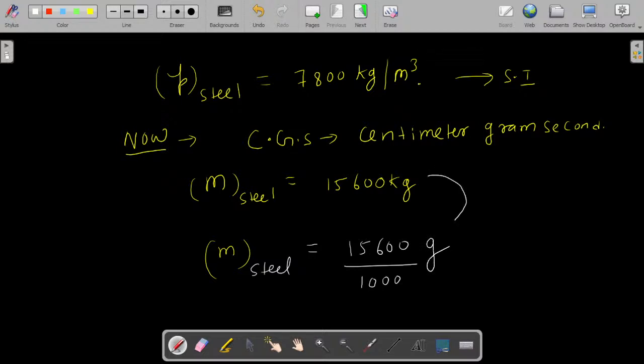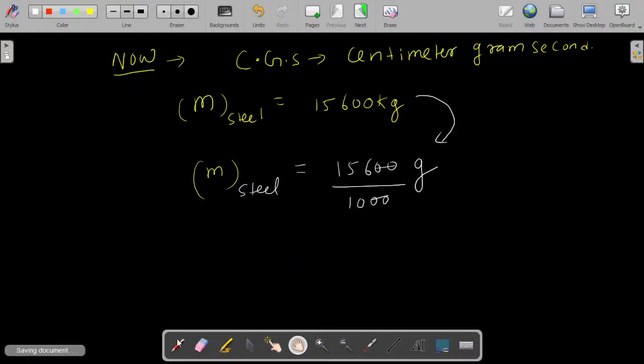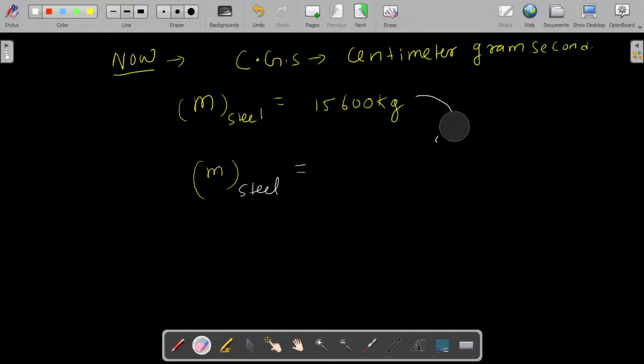Gram to kilogram, sorry. Gram to kilogram, we have to multiply it. Very good, we have to multiply. Kilogram to gram, we have to multiply it. So this will become 1000 gram.